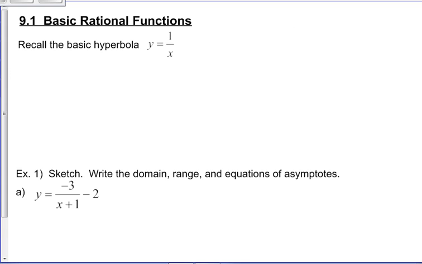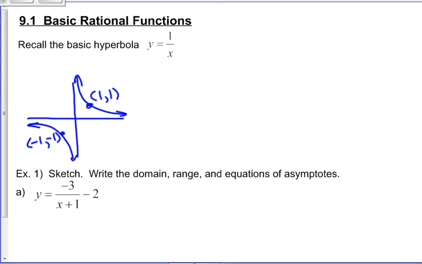If we think about our basic hyperbola that we looked at in, say, Chapter 1, we'd have 1 over x, and that graph looks like this. It's got a bunch of features. It contains the point (1, 1) and (-1, -1). But most importantly, it has asymptotes.